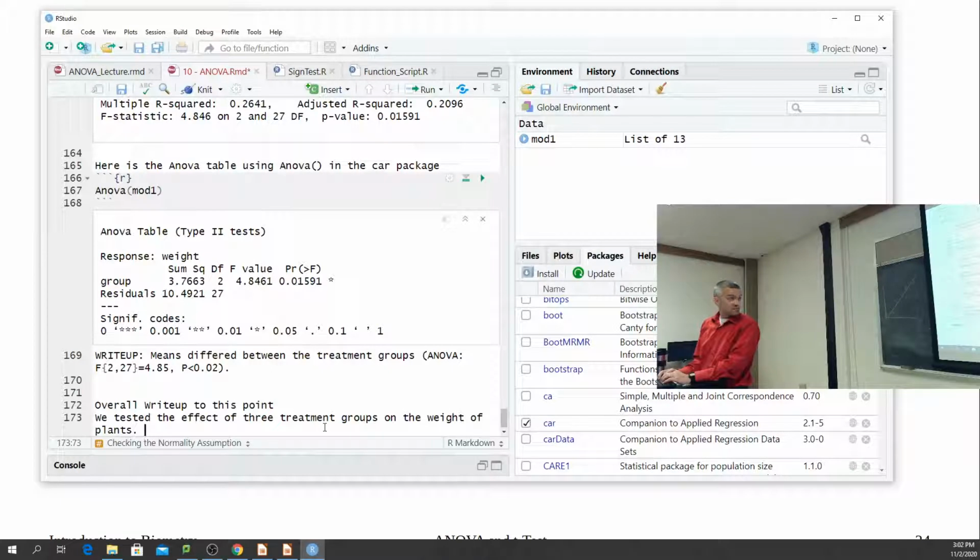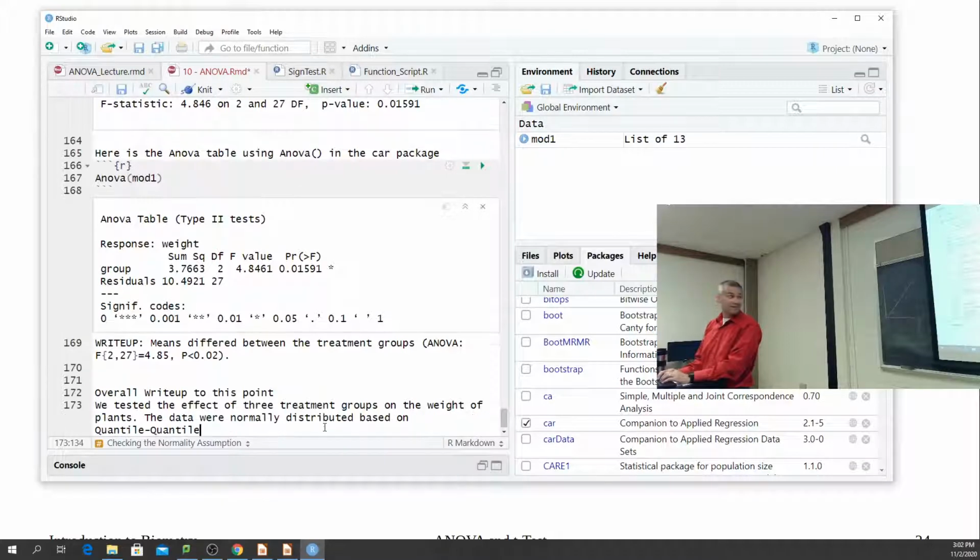The data were normally distributed based on our quantile plots. We ran the quantile plots, we looked at them, and we know that they're normally distributed.